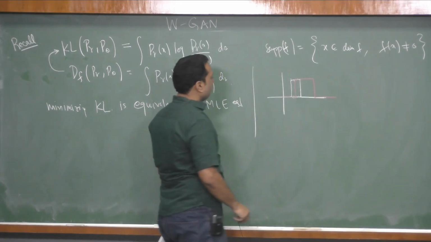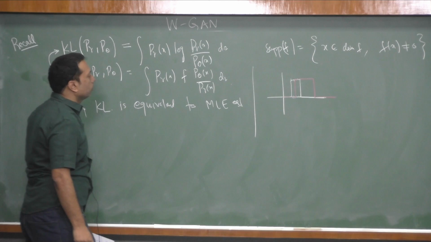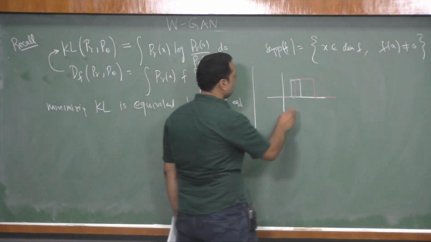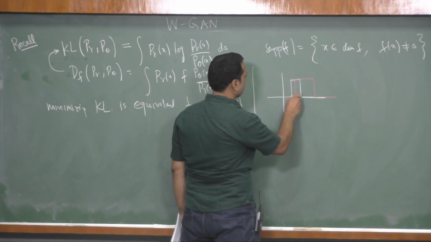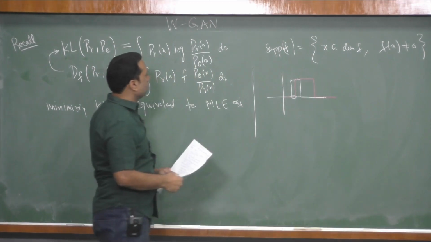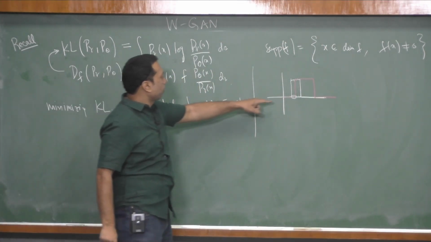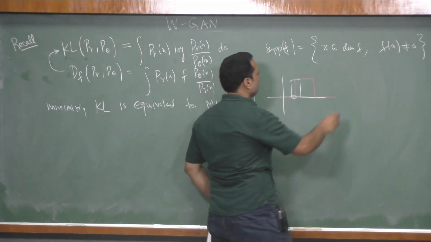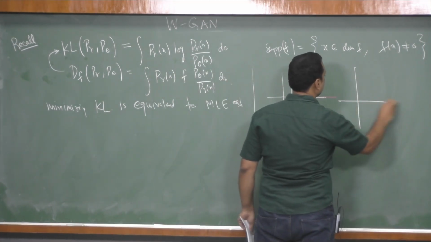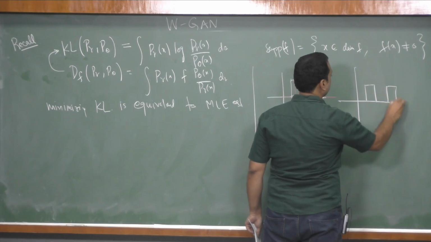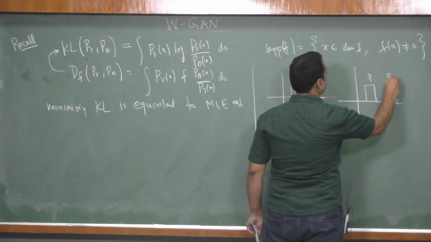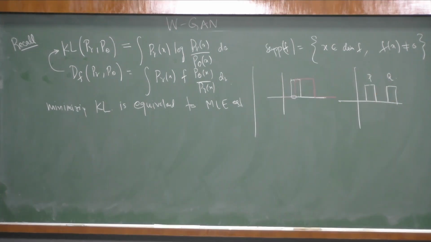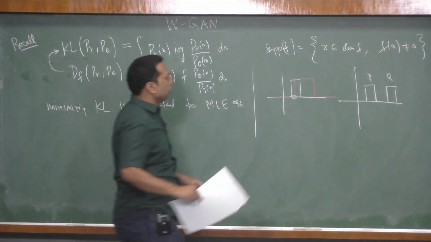Where they overlap it's fine, but in the places where they don't overlap, if I have to compute the KL divergence for these values, it will be problematic. Even more so if they are completely separated. In this case, KL divergence will always tell you that they are infinitely apart. So KL is infinity for this.